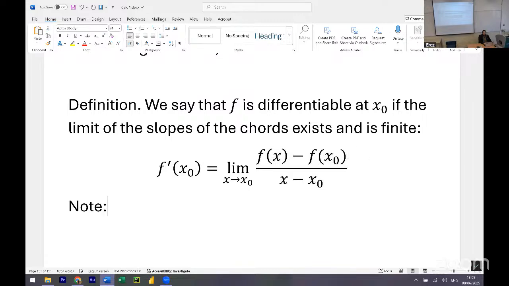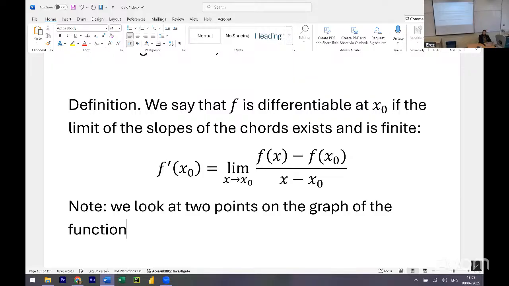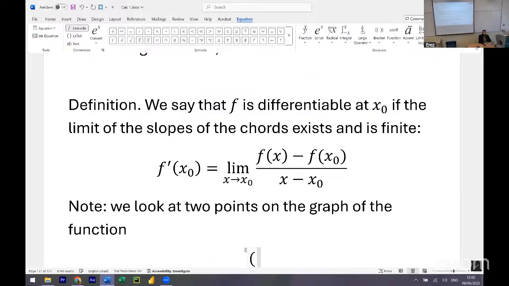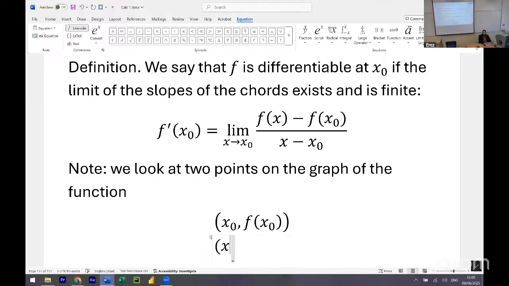Note, we look at 2 points on the graph of the function. One would be x0, f of x0. The other will be x, f of x.